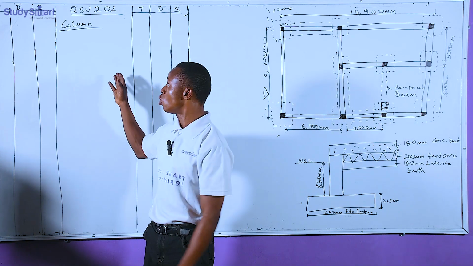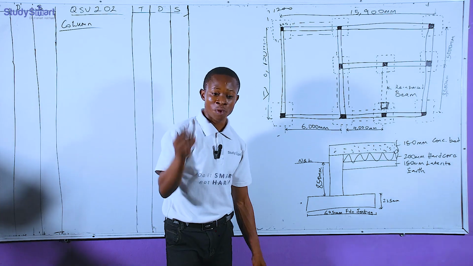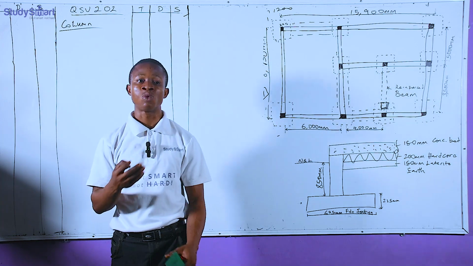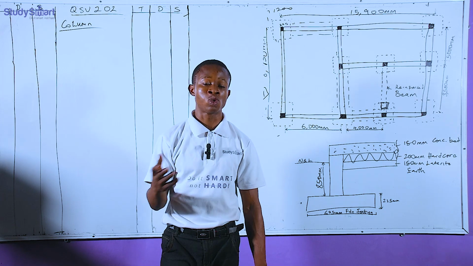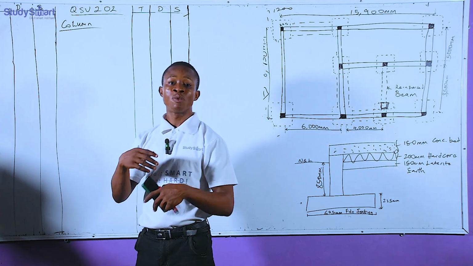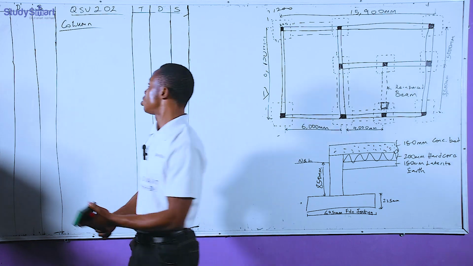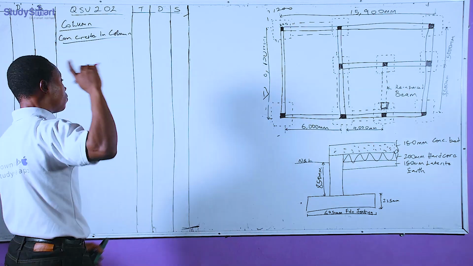And the last thing is columns. And the columns, we are going to be doing the reinforcements, the concrete, and the formwork. Those are the 3 things that you must do. It is a must for you to do it if they ask you to do concrete works. And it is for the past 3 years they have been bringing it, and that's how it is being done. So for the concrete and column, that's the first thing.